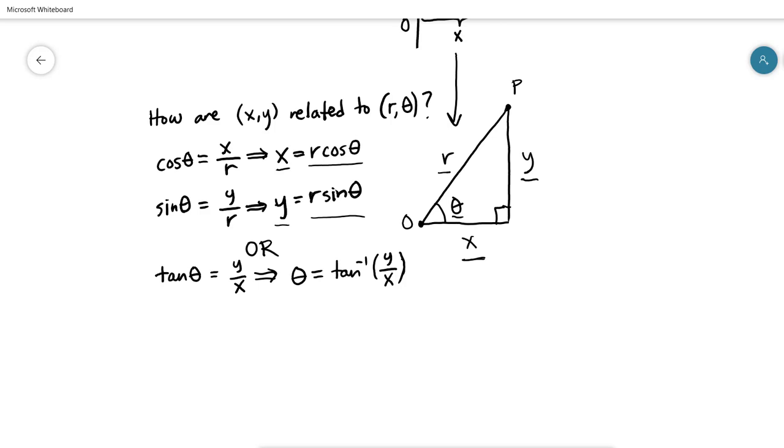I know that x squared plus y squared, my two sides squared, must be equal to the hypotenuse squared. If I solve that for r by taking the square root, I'll find that r is equal to the square root of x squared plus y squared. And that gives me a second set of relationships that I can use.